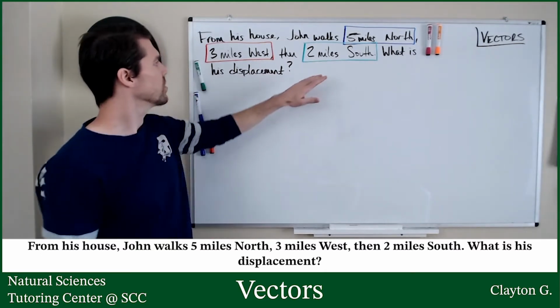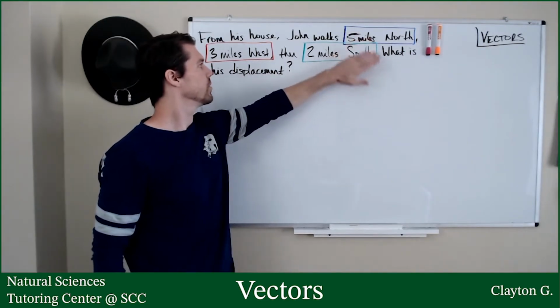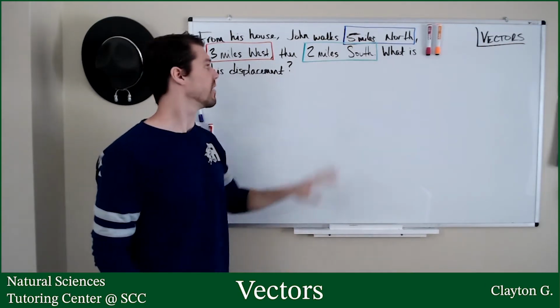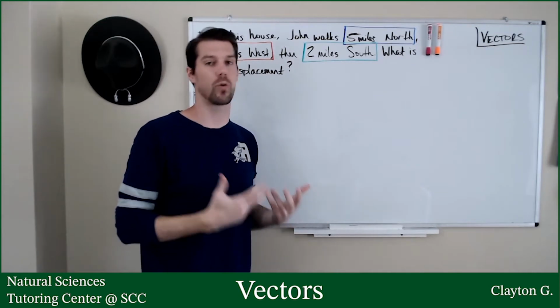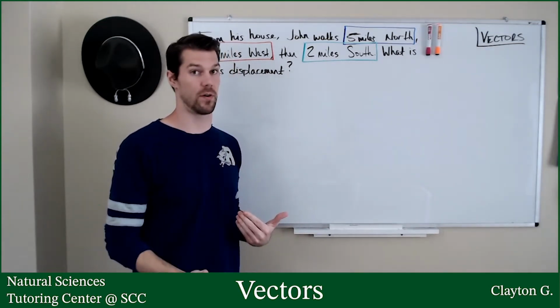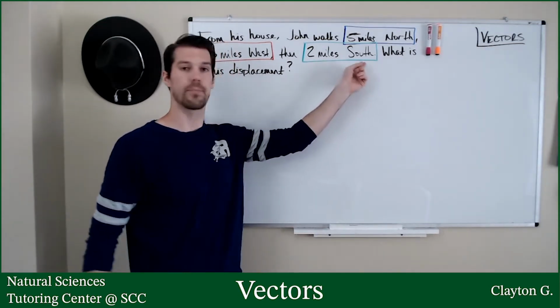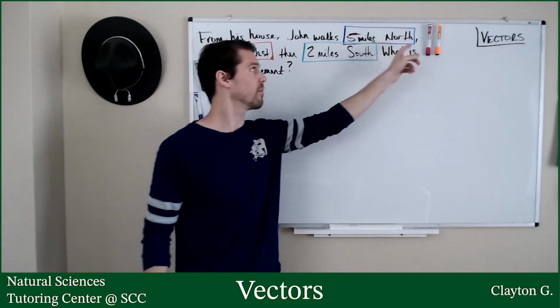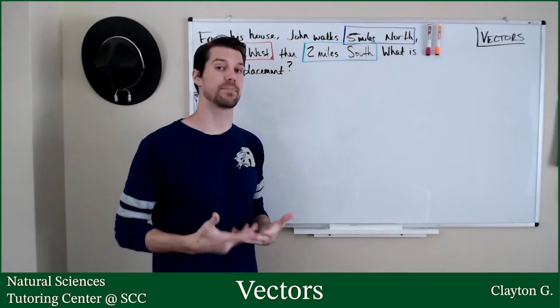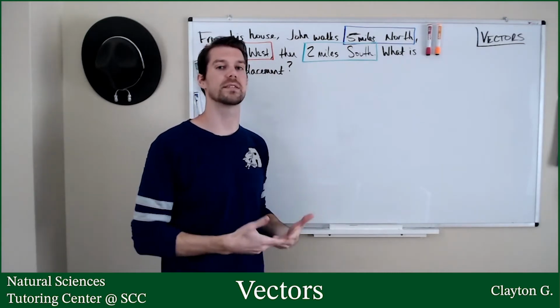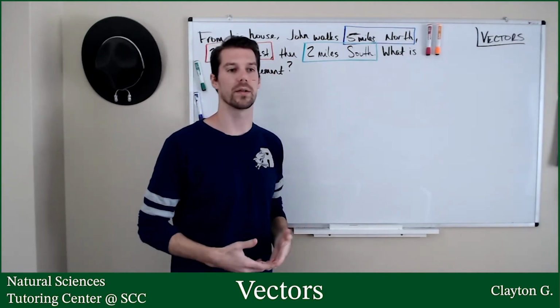And again, what we're talking about is a magnitude and a direction. If I only said 2 miles, that's a distance. That is a scalar quantity, no direction involved. As soon as I slap south on it, or 5 miles north, now we have a vector. And displacement is a vector, while distance is just a scalar quantity.